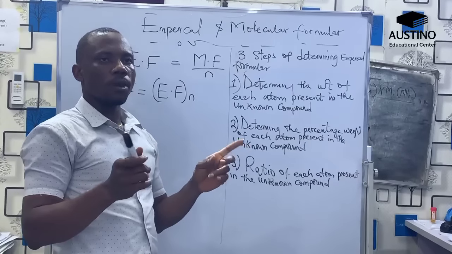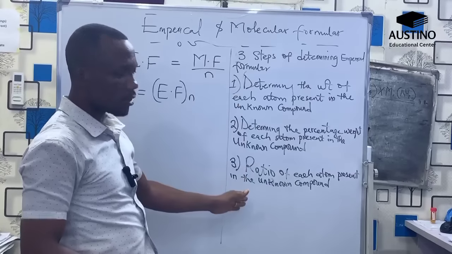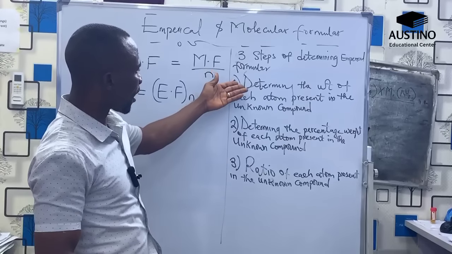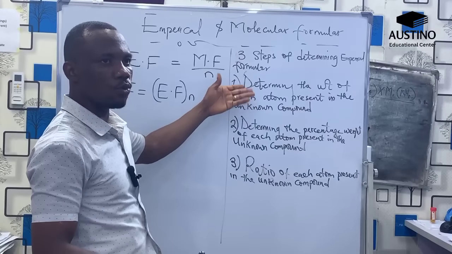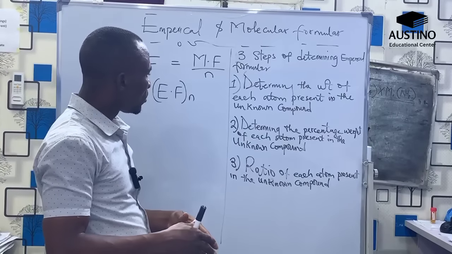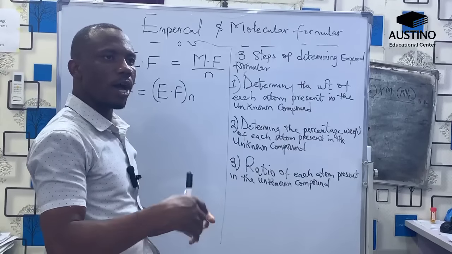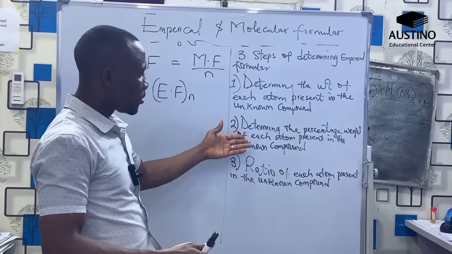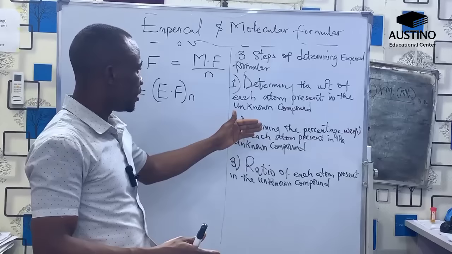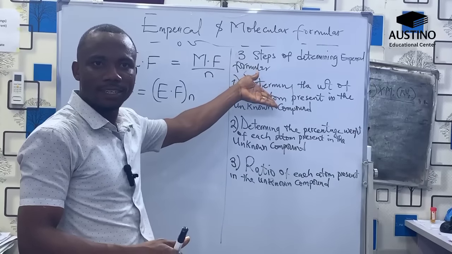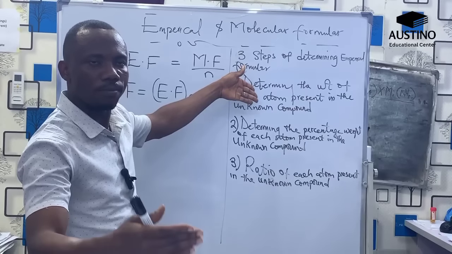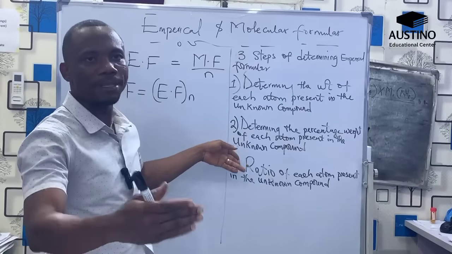All empirical formula questions fall into this. Some of your questions may start from step 1, where you have to find the weight of each atom present, while some questions go as far as finding the percentage weight, meaning they have already given you the weight of each atom present, but you don't have their percentages.